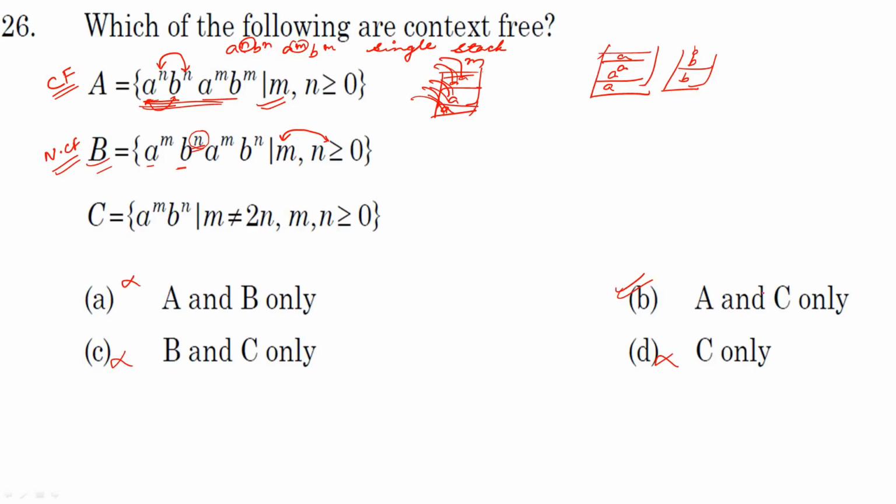C should be context free. Let's check how. If I write m is not equal to 2n, what does that mean? That is, m is not even, m is odd. So now I'll put m number of a's here, and whenever a b comes, I'll pop an odd number of a's.